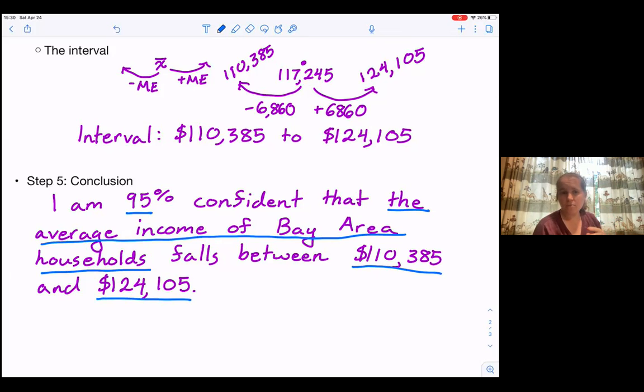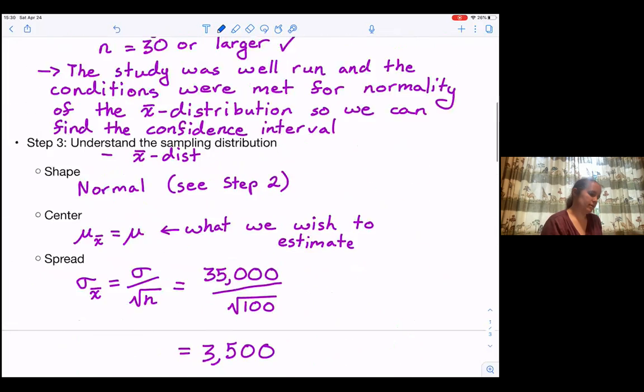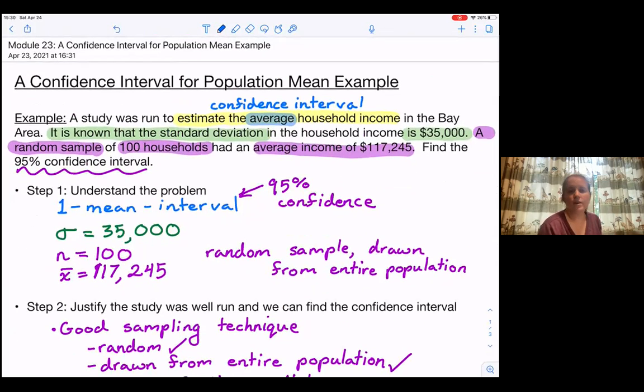Just one quick comment. When we were doing this confidence interval, we were given the statement that it is known that the standard deviation was $35,000. It is fairly rare for us to know the population standard deviation and not know the population mean. In fact, we need the population mean in order to calculate the population standard deviation. Sometimes they will use a known standard deviation from a previous study, but in reality, this is a fairly rare situation.